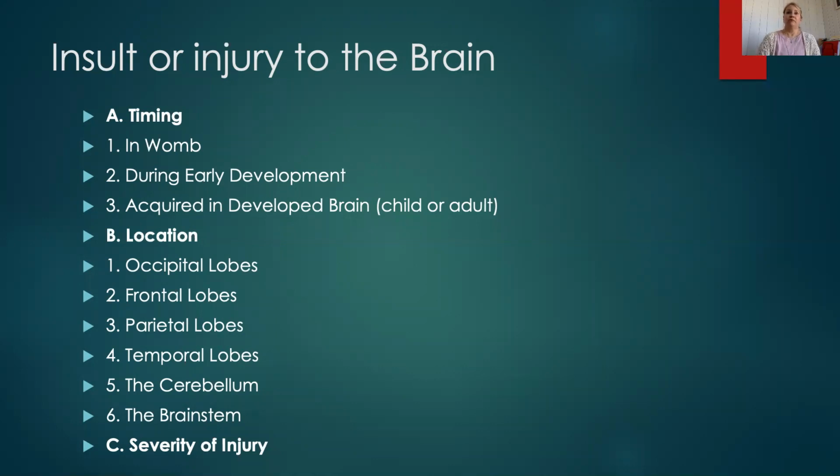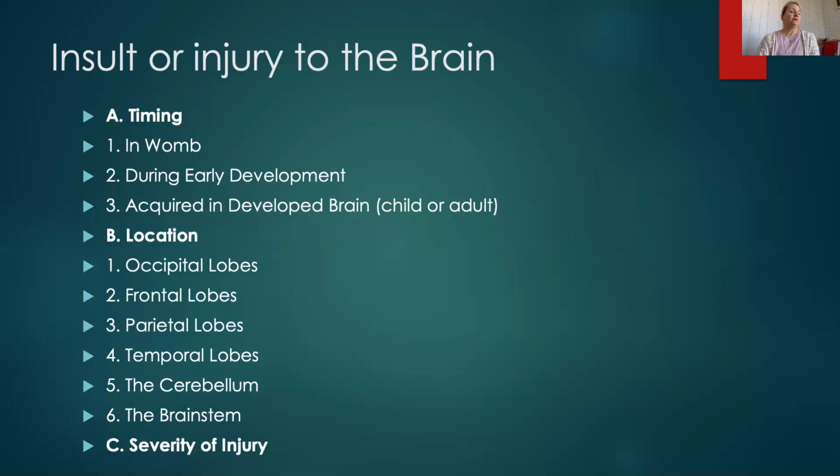It could be shortly after birth, during early development, maybe a drowning accident or any kind of infection that could cause damage to the brain in early development. Or any injury that's acquired in the developed brain, and that's a child or adult. And there again, we see closed head injuries, shaken baby syndrome, stroke, drowning or a car accident, things like that.